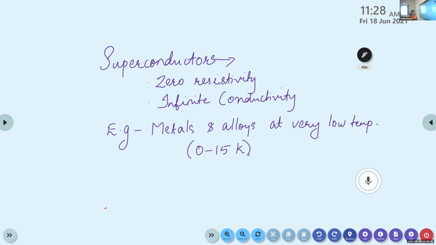That's too low, right? And nowadays, certain ceramics, then certain metallic oxides, that means mixed oxides, can also act as superconductors even at high temperature.